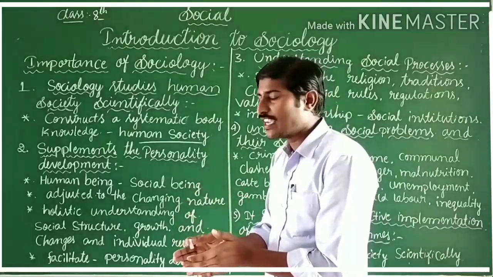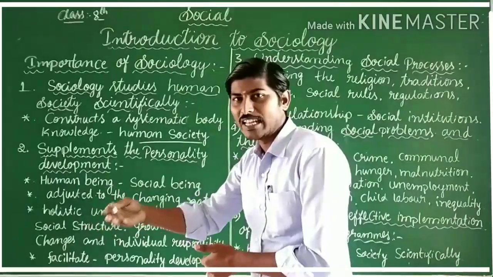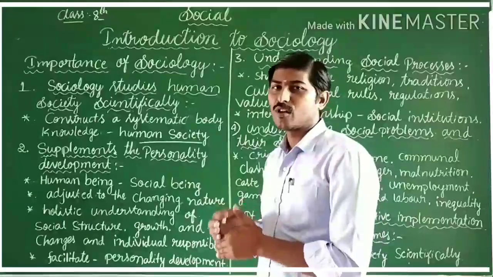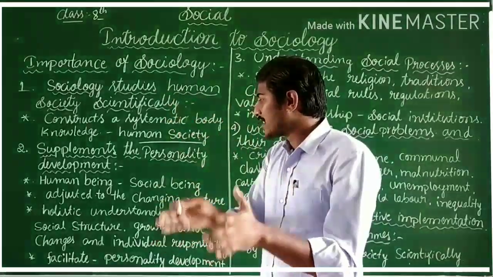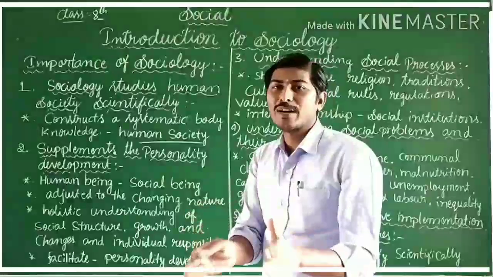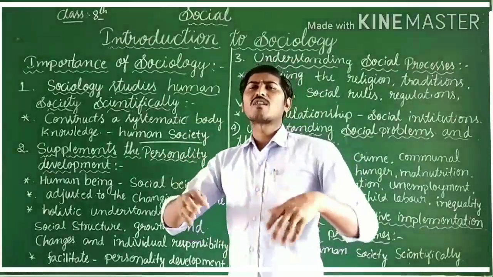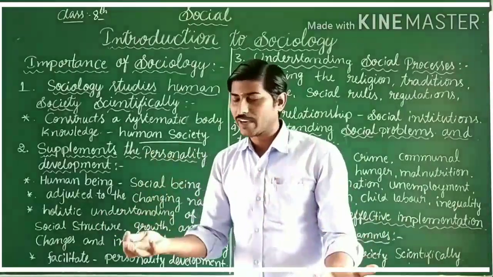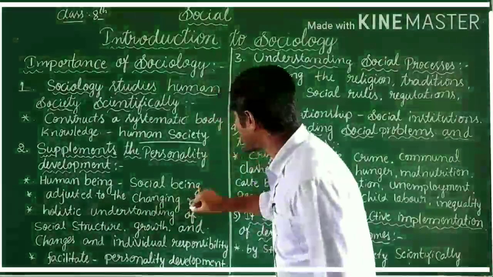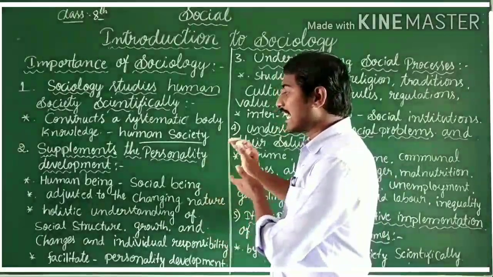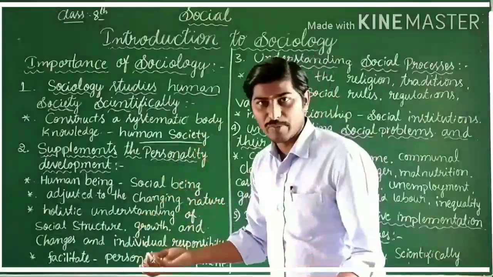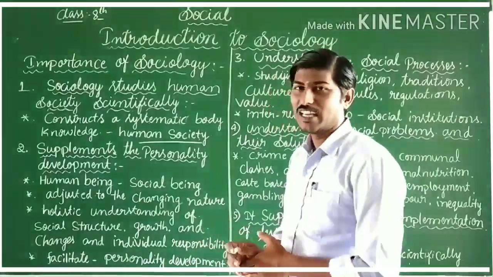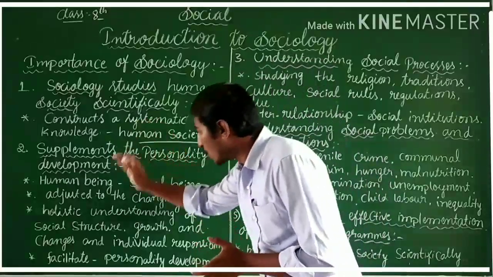After entering society, the human being converts into a social being. The human being adjusts to the changing environment, changing nature, changing society. In that adjustment, he can learn various social behaviors and various aspects, like a holistic understanding of the social structure.